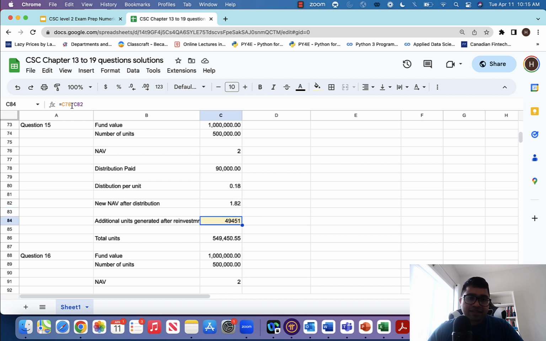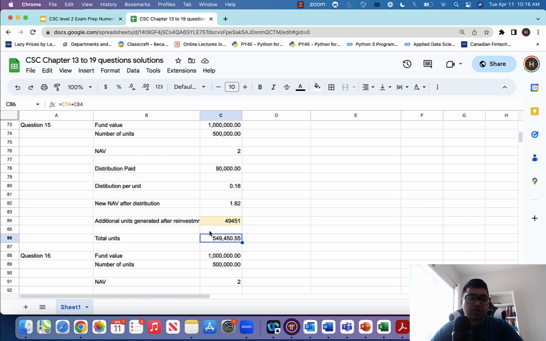So you get 49,451. So the total units that you generate are 549,450, right? You had 500,000 units initially, plus you generated additional units of 49,451 because of reinvestment.